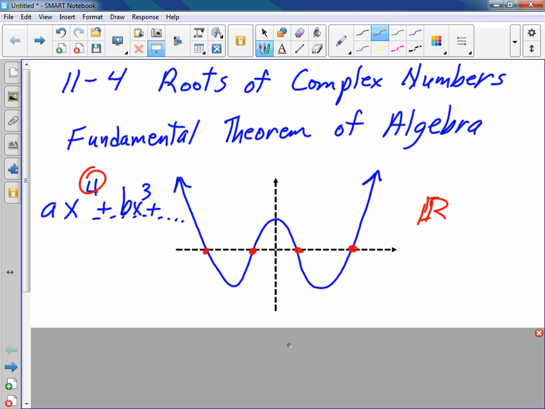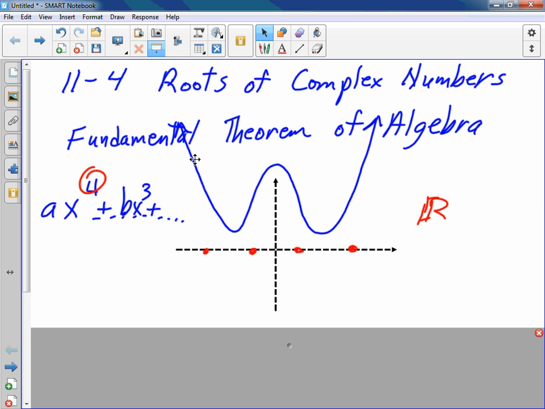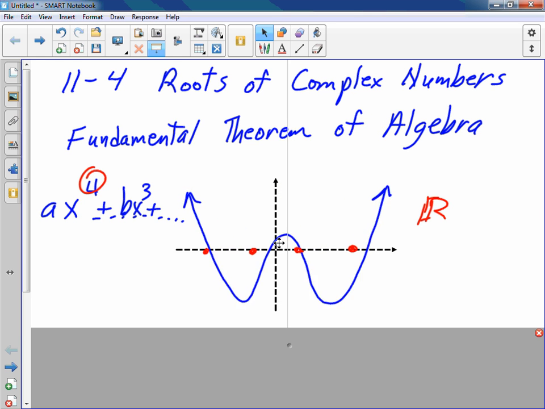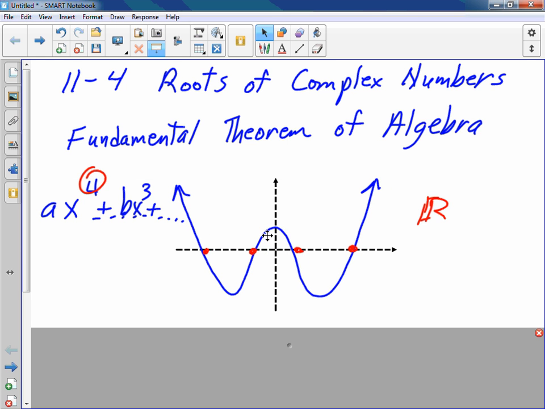And it might have three, it might have two. It might have none because it's an even function. It could conceivably have no real number roots. It could have imaginary roots. So today we're talking about roots of complex numbers.